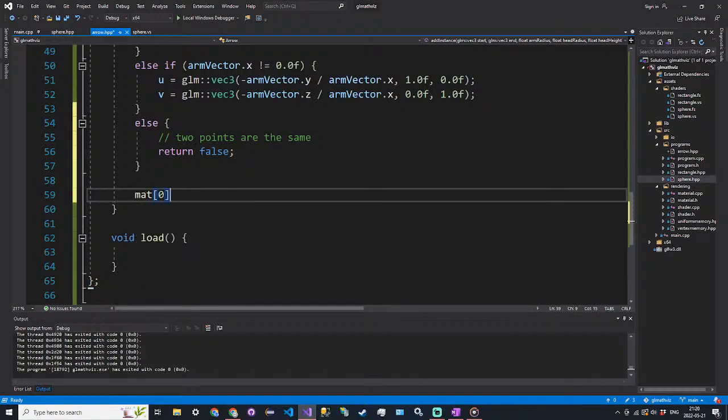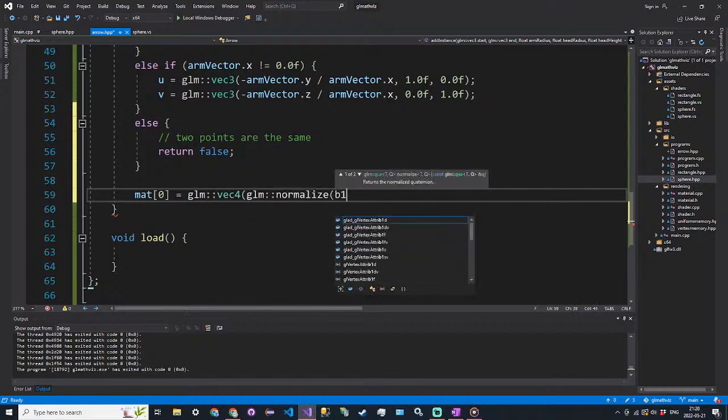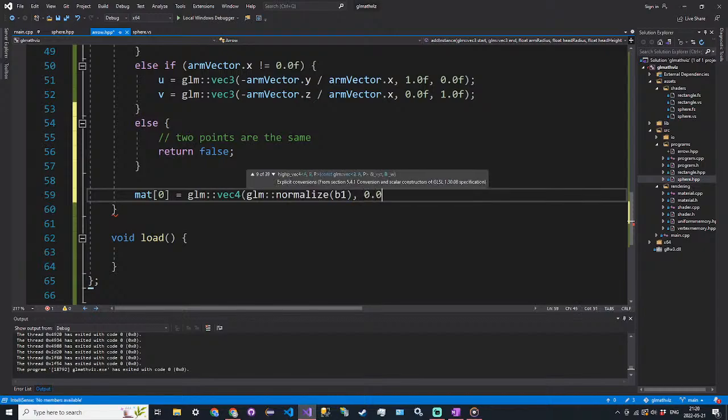So in GLM, you can just do the square brackets to index into the columns. So we're going to set the 0th column to GLM vec4, and we're going to normalize B1. So GLM normalize B1 and 0.0.